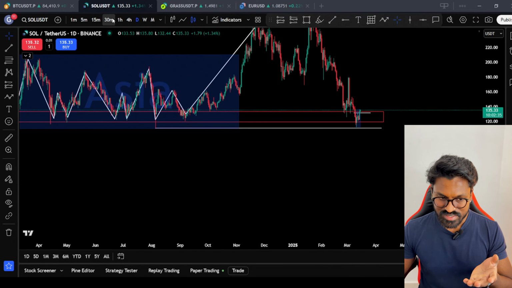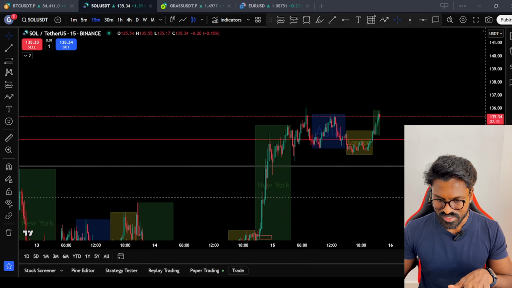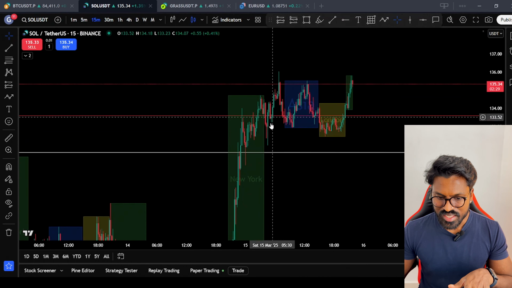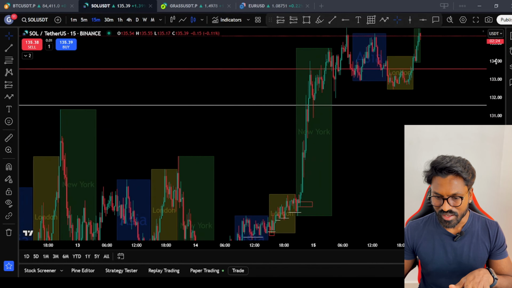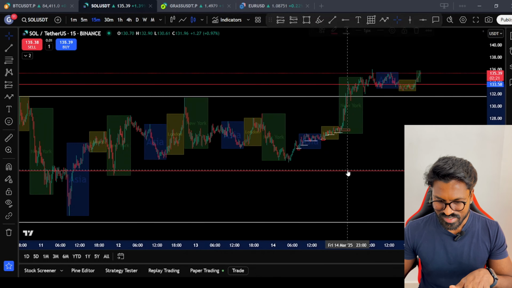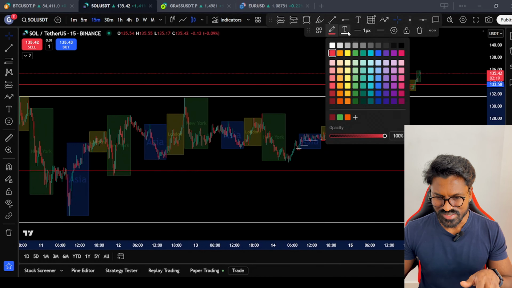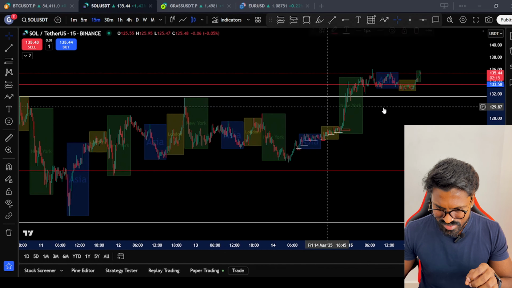Hence the reason why when we go into the smaller time frame, you see this is the smaller time frame, we are starting to see price actually move towards the upside. Can you see? Price is actually inside this zone. Maybe I can color it up for you guys, so then maybe it'll be easier to see. Just give me a moment, guys.